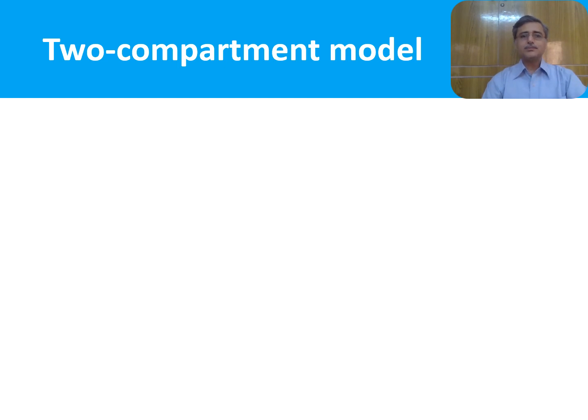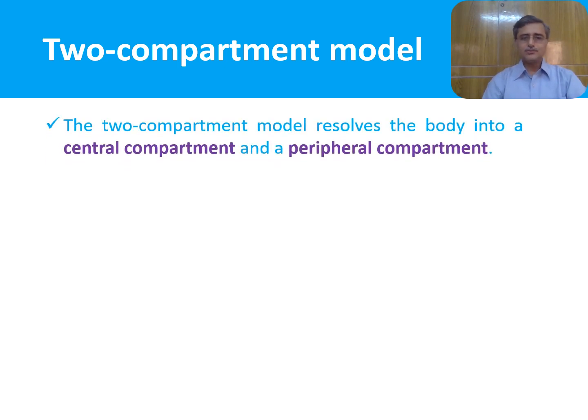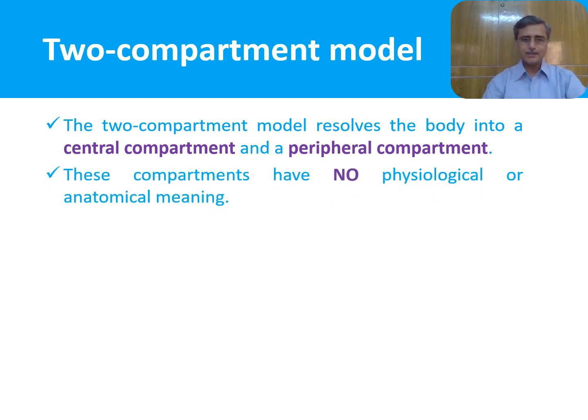Coming to the two compartment model, it resolves the body into two compartments: the central compartment and the peripheral compartment. Please keep in mind that these compartments have no physiological or anatomical meaning.